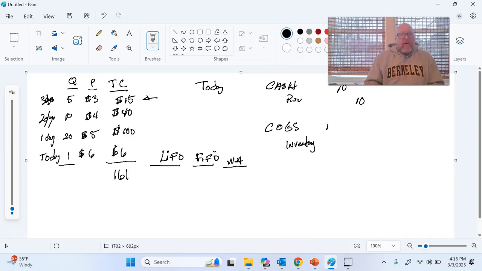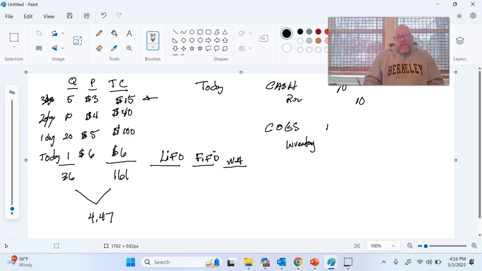And then I would divide it by the total quantity, which is 36. And you guessed it, I can't do that in my head. So I'm going to do 161 divided by 36. Give me a second. 161 divided by 36, I'm getting $4.47. That would be the weighted average.